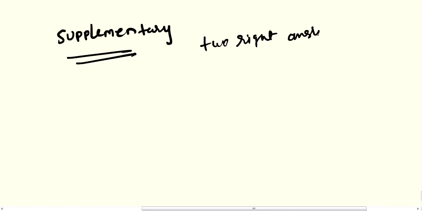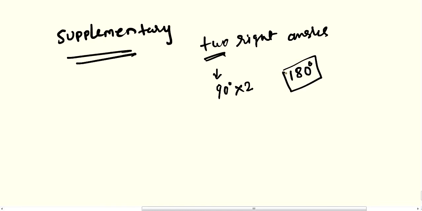Now you know very well that one right angle is exactly 90 degrees, and here we have two right angles, that means 90 into 2, so 180 degrees. So supplementary means 180 degrees. The sum of the two angles is equal to 180 degrees.